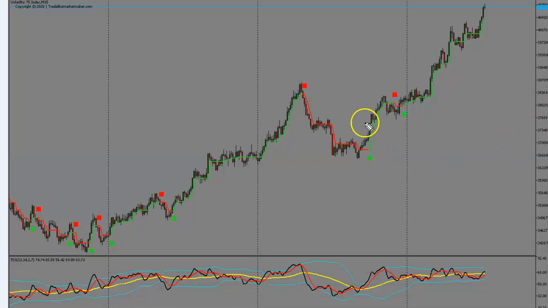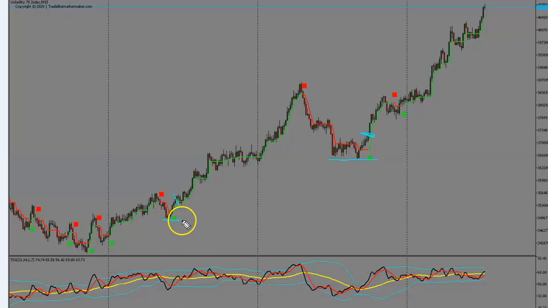Always, guys, when you took this trade here, let's say you take this trade here, you should put your stop loss below this green box. If you took it here, somewhere here, you should put your stops below the box, below this box.